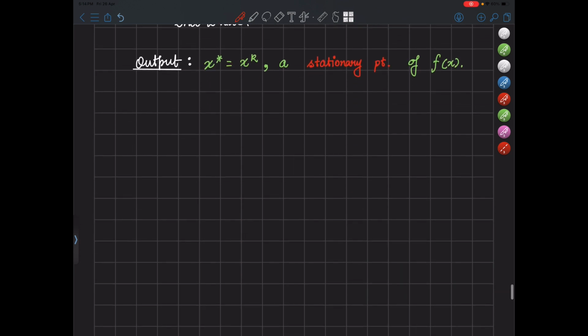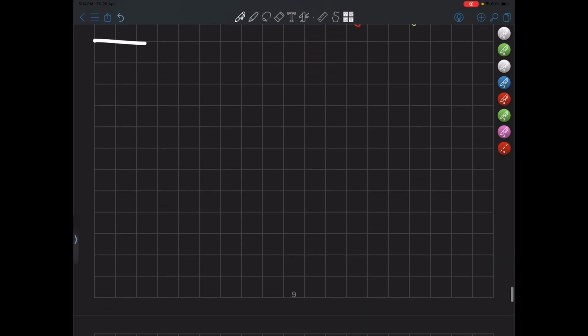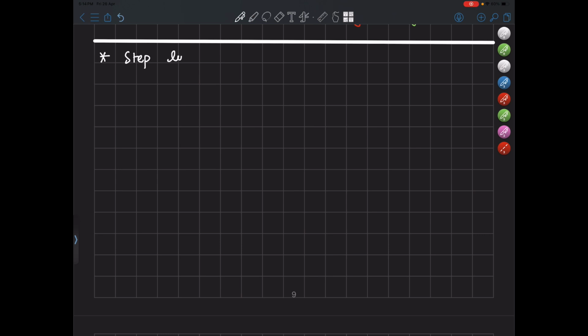So, step length determination. Broadly speaking, there are two ways in which you can determine the step length.